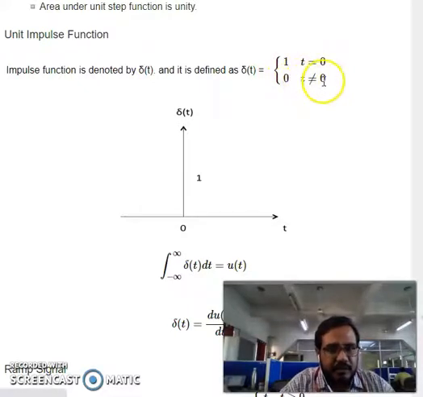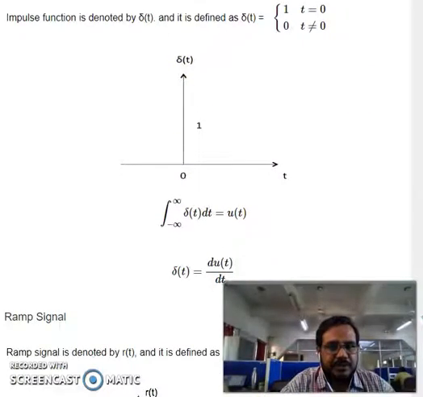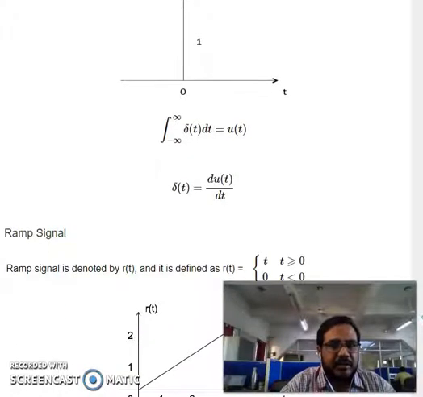When t not equal to 0, all other points except this point are 0, and at t equal to 0 the amplitude is 1. So it is called the unit impulse function.